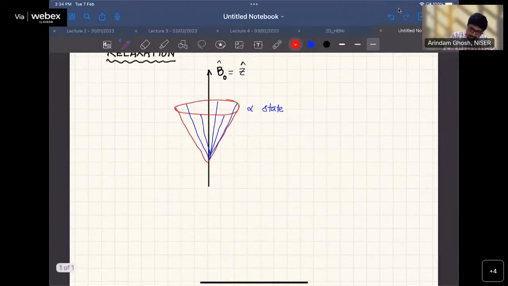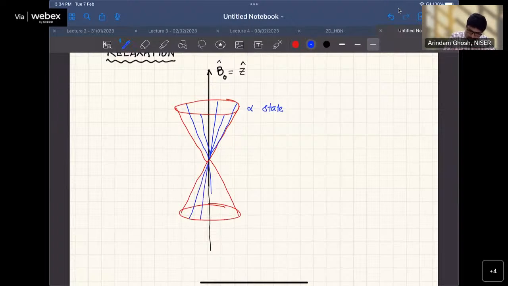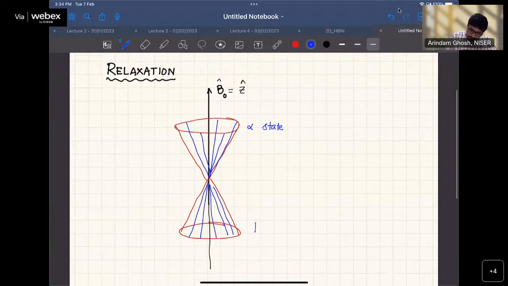And then we had another one which is down over here. So this line should be a little longer like this. And then we had another cone which is all the spins in the beta state. That is something that we had created previously, correct? Something we have already done. I'm just reminding you again, beta state.